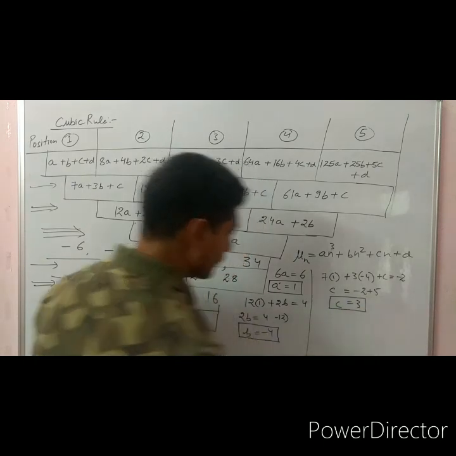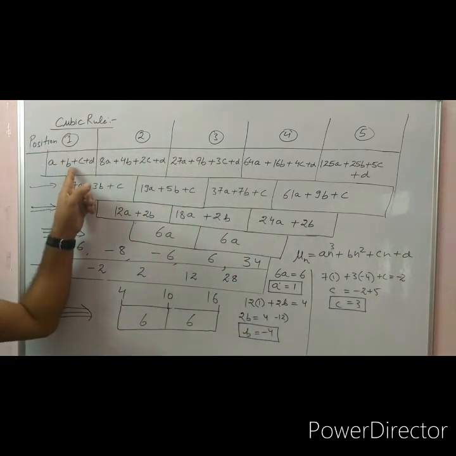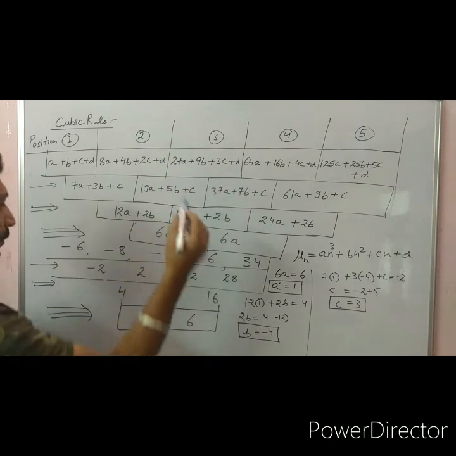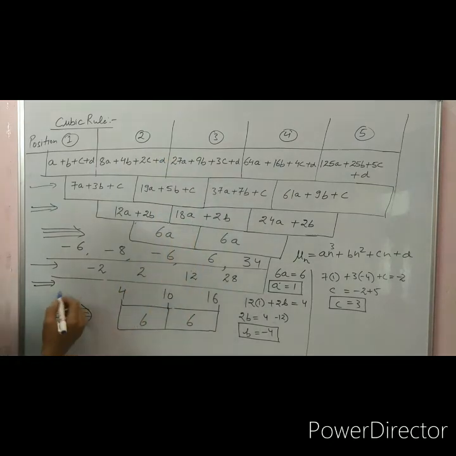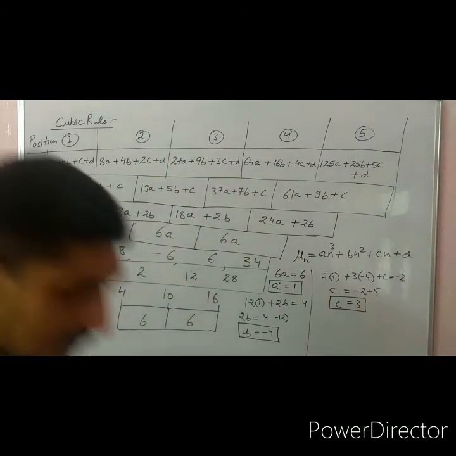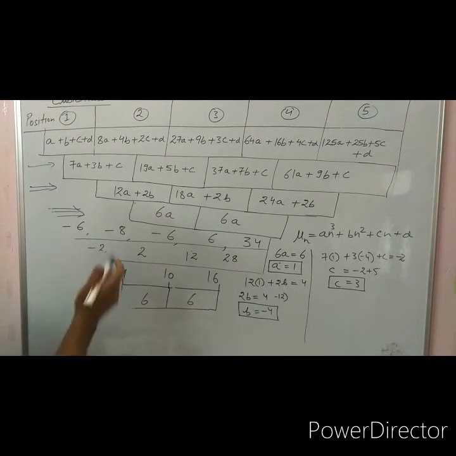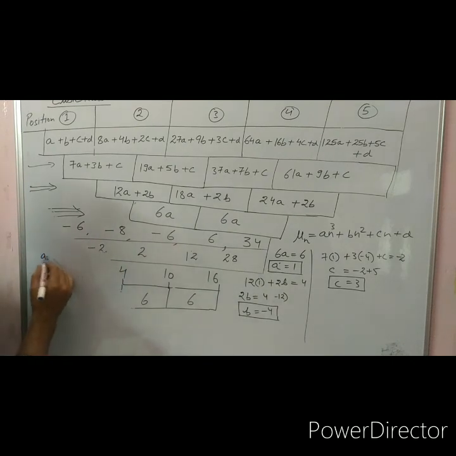Now finally, a plus b plus c plus d is equal to minus 6.